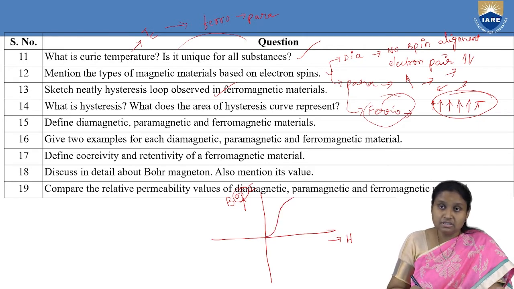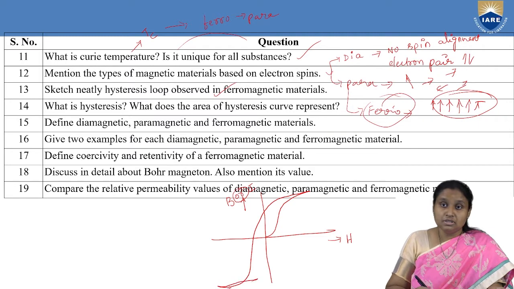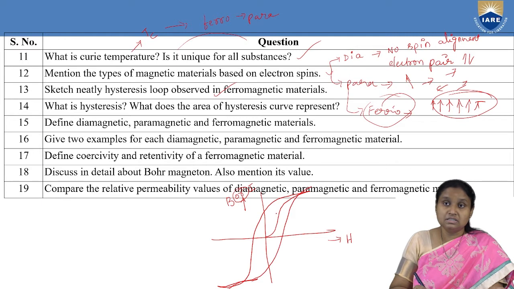As H increases, magnetization also increases, and it goes to saturation magnetization. And when we reduce H back to 0, it goes along this path, and again it goes to negative saturation. So here it goes like this, and this is our hysteresis loop, this is the first path followed, and then we have this one.